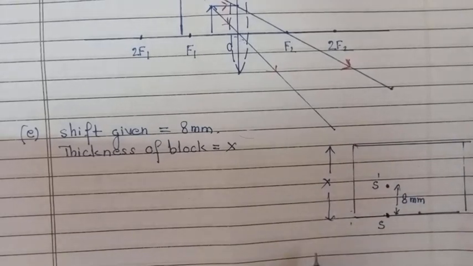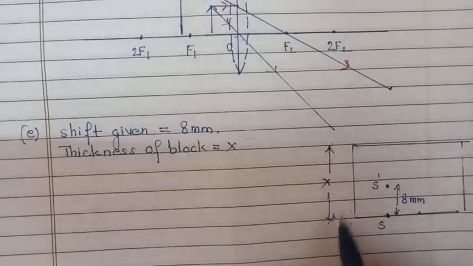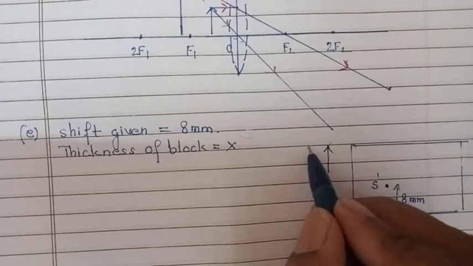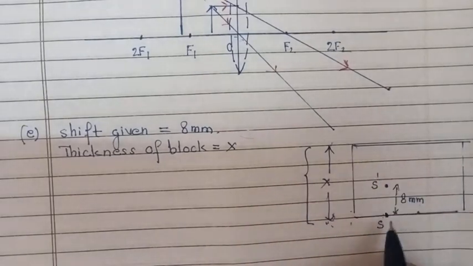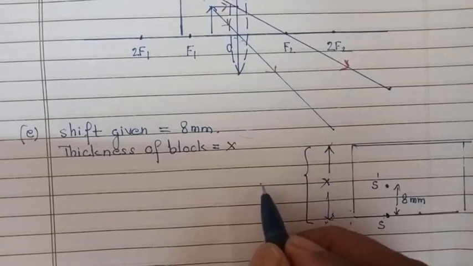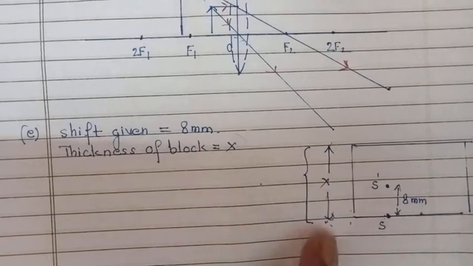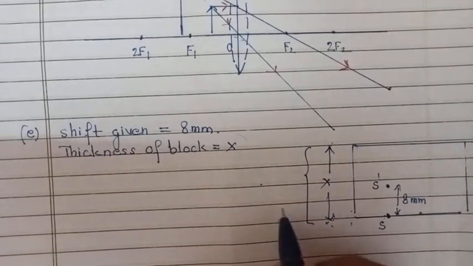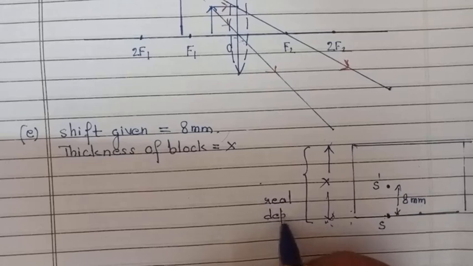Now in this diagram, the thickness of the glass block is called the real depth for the stamp. So thickness of the block is X, and this will be known as real depth. So here the real depth is X.